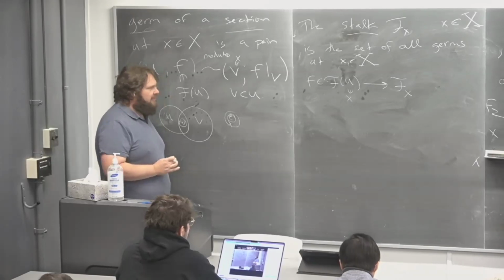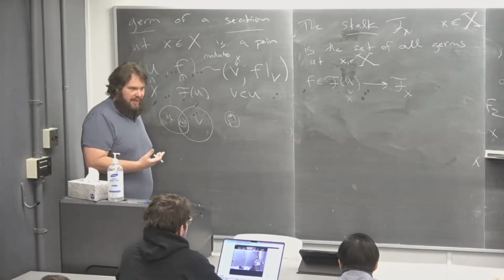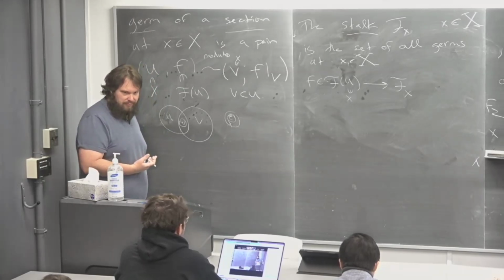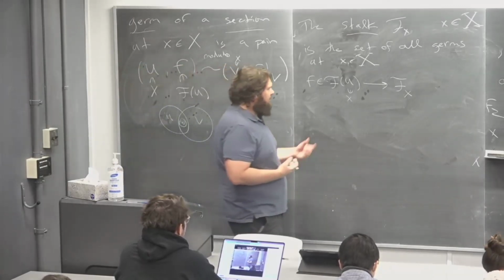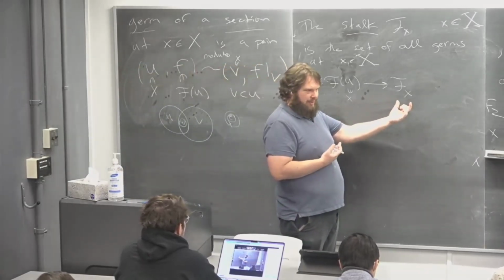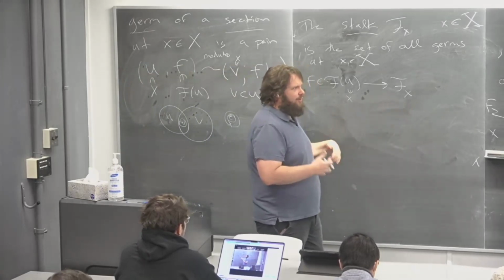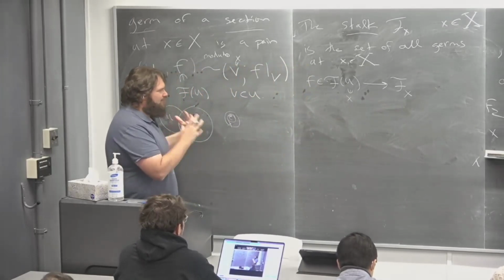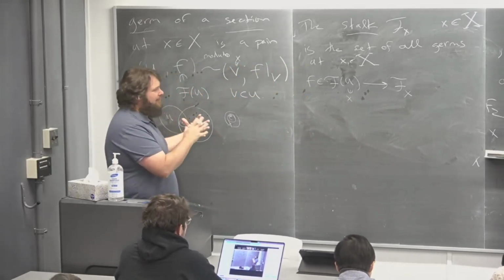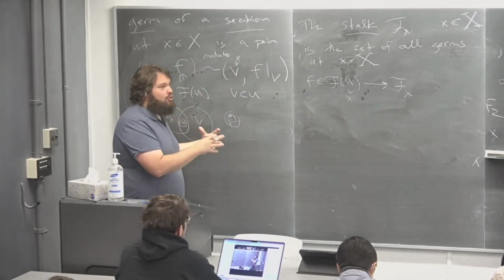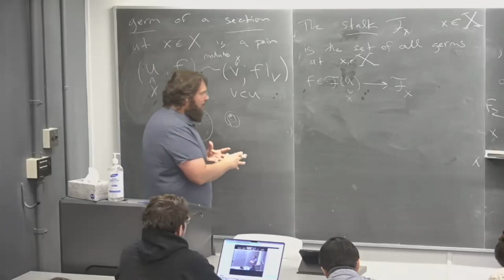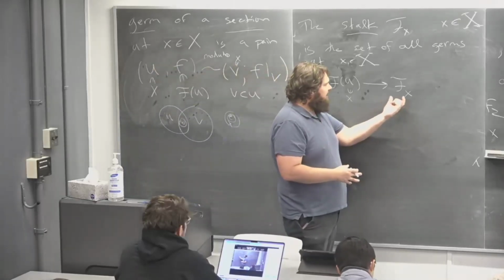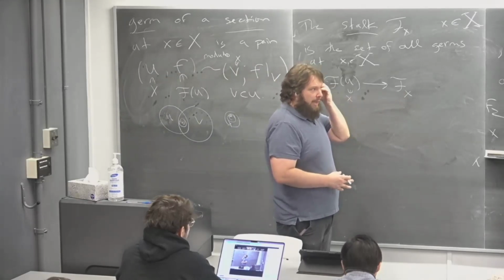You should think of this as a generalization of taking the value of a function. As we discussed at the beginning of the course, you should think of sheaves as functions, but you shouldn't take that too literally. One of the ways you shouldn't is that this will remember more than that.